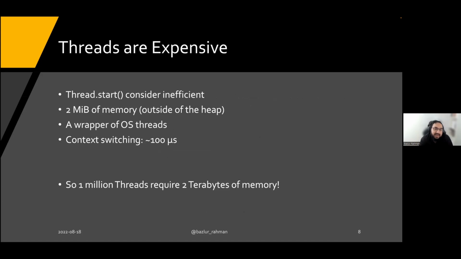And creating threads, that's why it's a bit expensive. And when we call thread.start, it is also considered inefficient because it requires native calls, and it takes time, and other things. Also, it takes some memory as well. For example, when we create a new thread, it takes around 2 megabytes of memory outside of the heap.